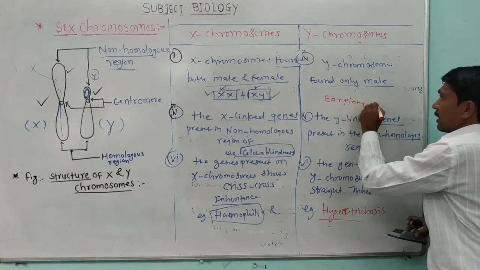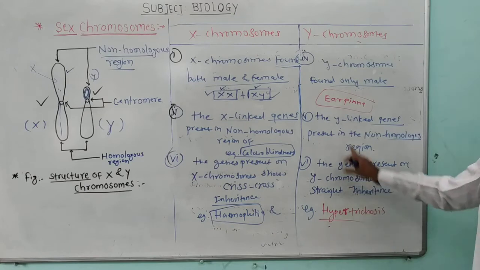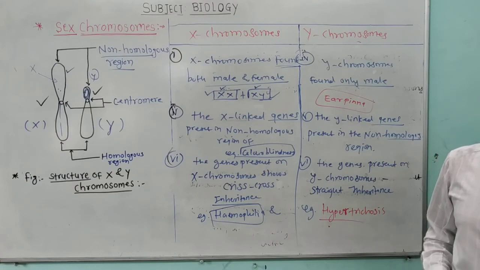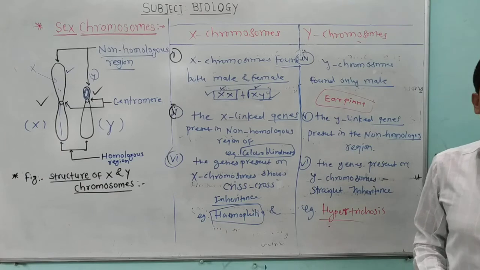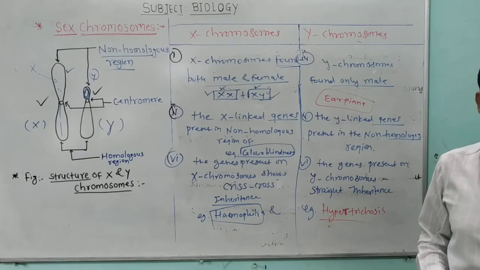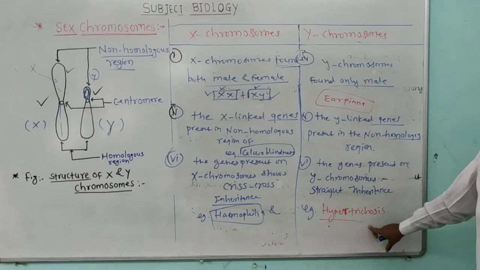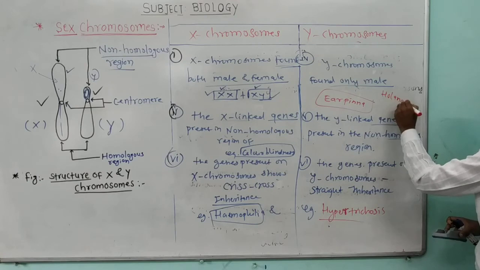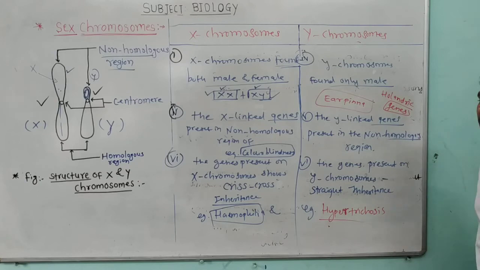That genetic disorder is called hypertrichosis, because in that condition the holandric gene is responsible for growing hair on the surface of the ear. Which gene is responsible? Holandric genes, and that's why it occurs in males.